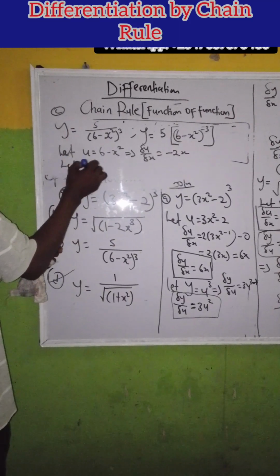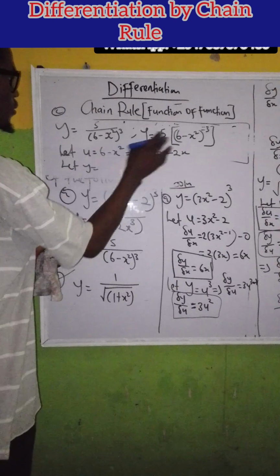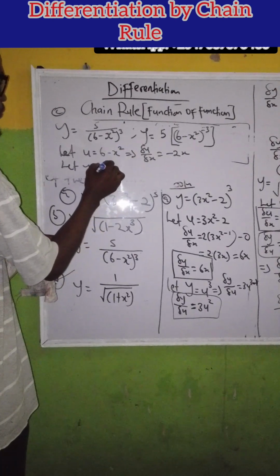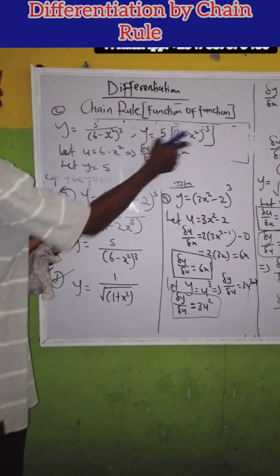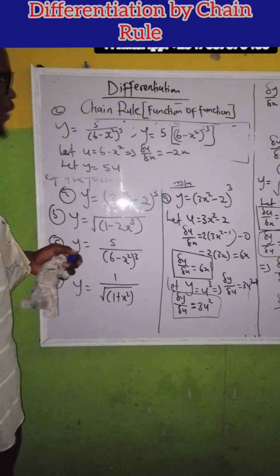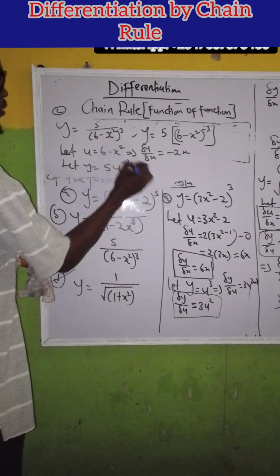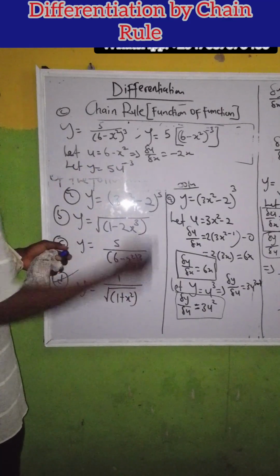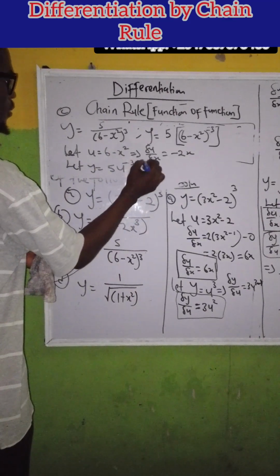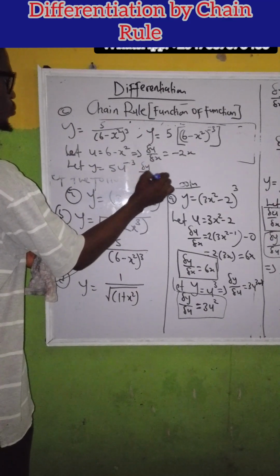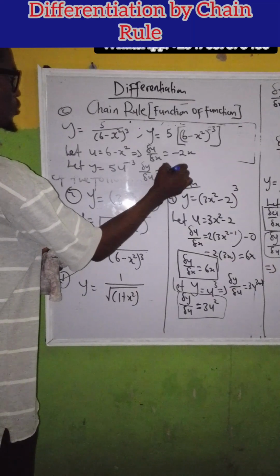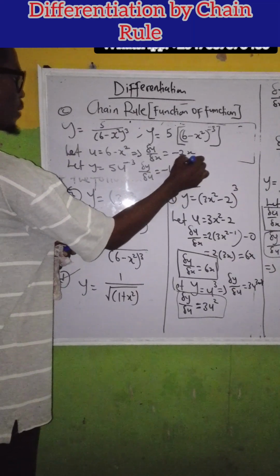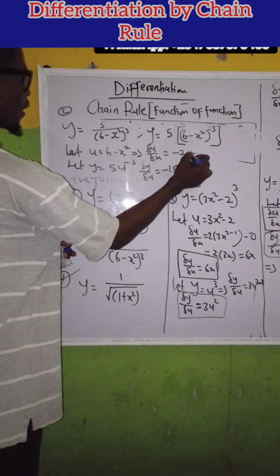Also let y be equal to 5u raised to power minus 3. Do you agree with me? So if y equals 5u raised to power minus 3, then dy over du will be equal to minus 15u raised to power minus 3 minus 1, that's minus 4.